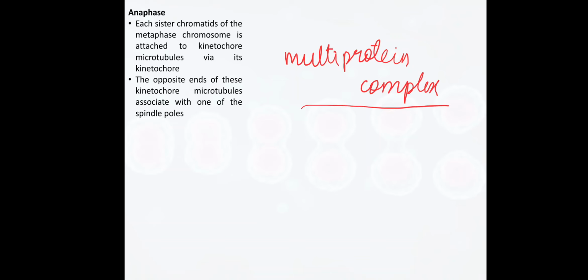So these sister chromatids do not separate on their own. They are held together at their centromere by a multi-protein complex, which, as you already know, is cohesin. Cohesin is the multi-protein complex which holds the sister chromatids together at their centromere.